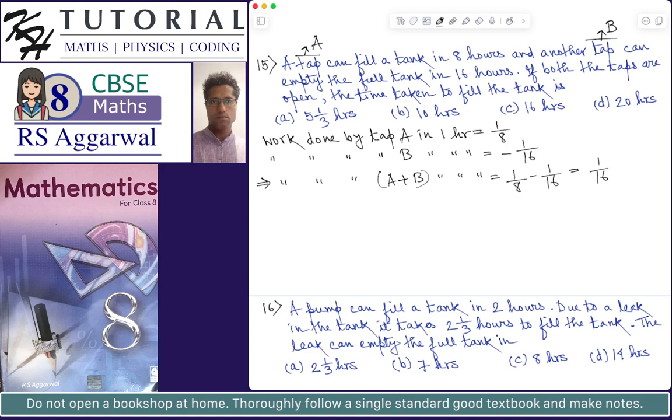This means that if the work done per hour in a system of pipes and tank is positive, per hour the tank is being filled with water. So eventually, if the tank is empty, it will be completely filled with water. So per hour the work done is 1 by 16.